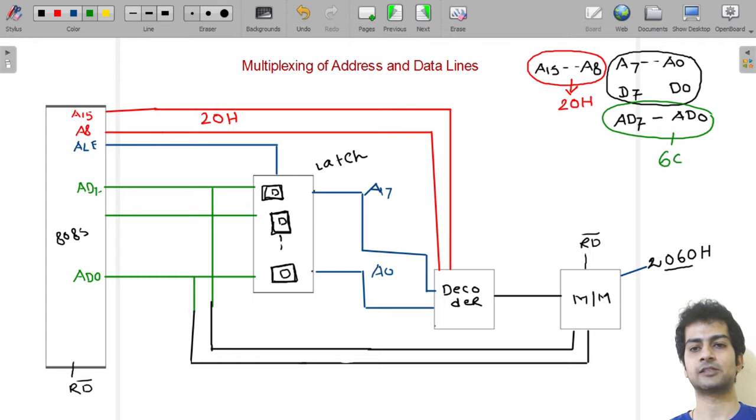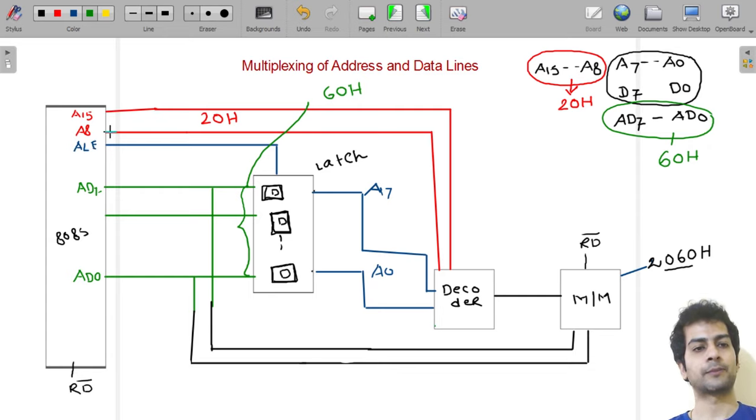That is, in this portion we will have 60H. Fine.